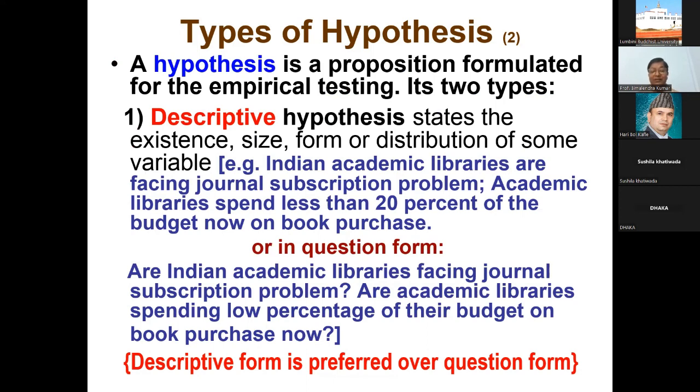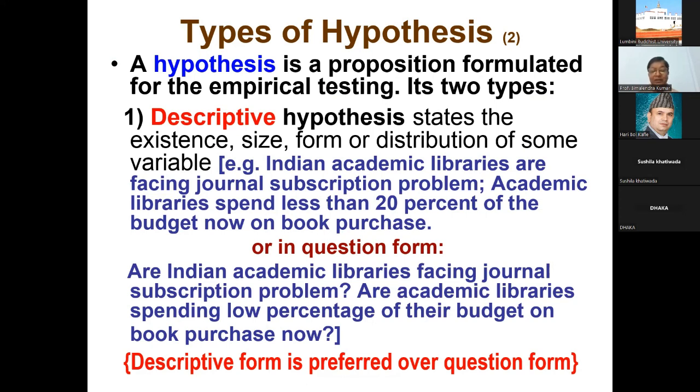Academic libraries now spend less than 20% of the budget on book purchase. Or in question form: are Indian academic libraries facing journal subscription problems? Are academic libraries spending a low percentage of their budget on book purchase now?